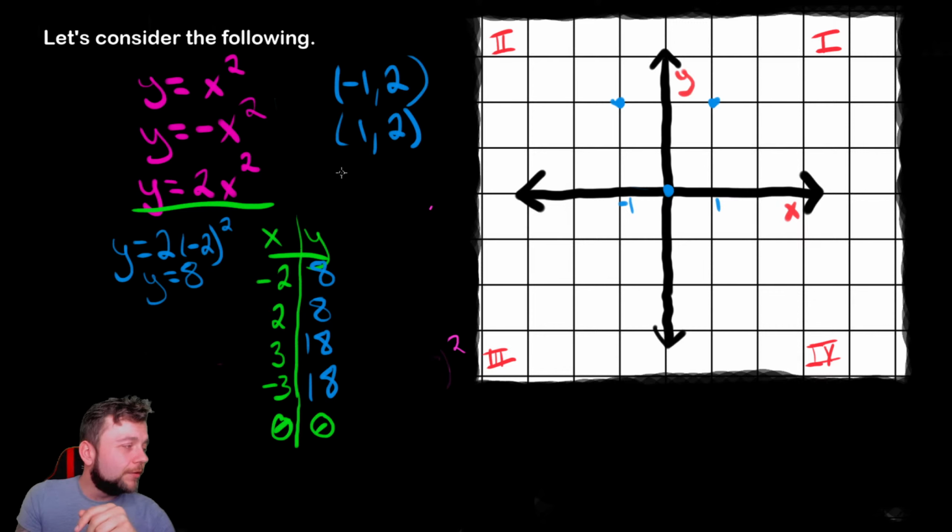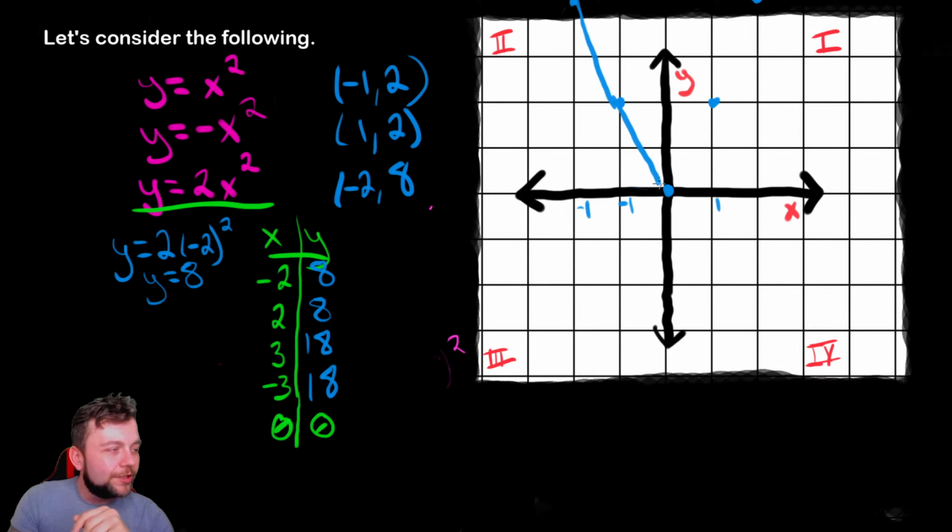And then it goes into negative 2, 8. If this was negative 2, then we would be way up above our graph. It'd be way up above our graph. I can kind of draw these points so you can get an idea.